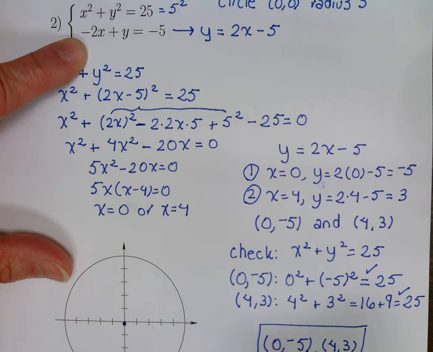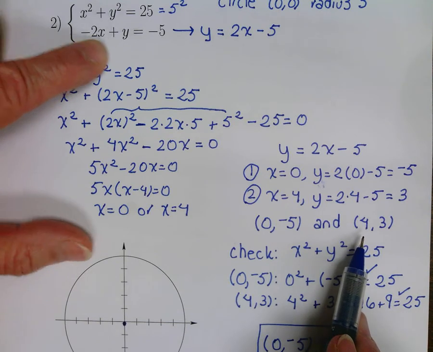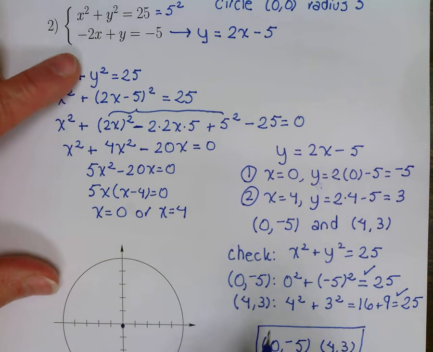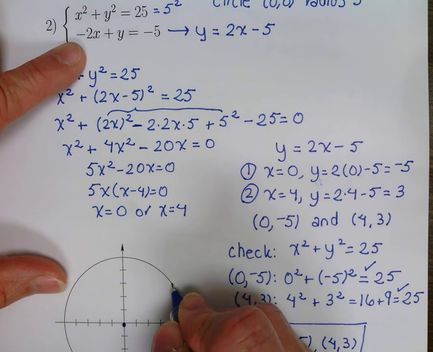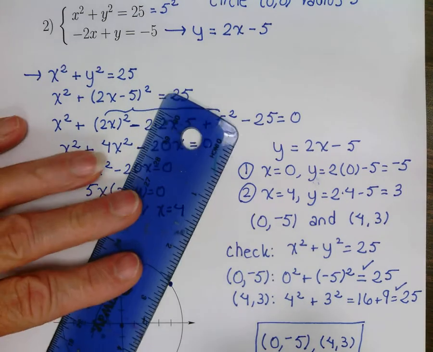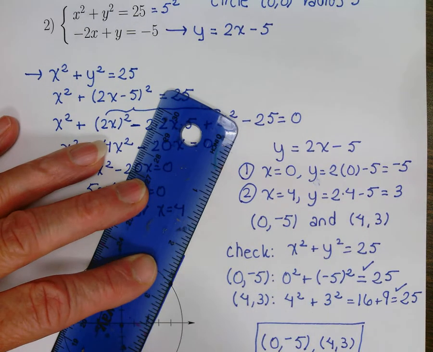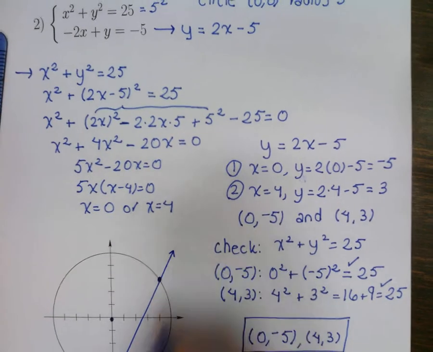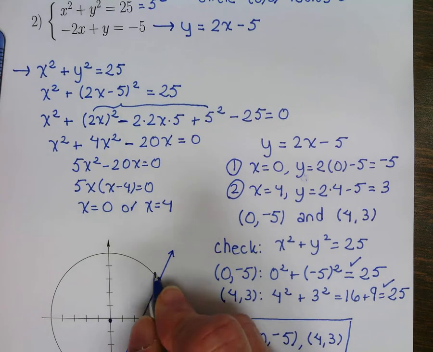And let's try our second point. 2 times 4 minus 5 does equal 3, so 4, 3 is a point on the line. And so we can see the 2 points of intersection between that line and the circle.